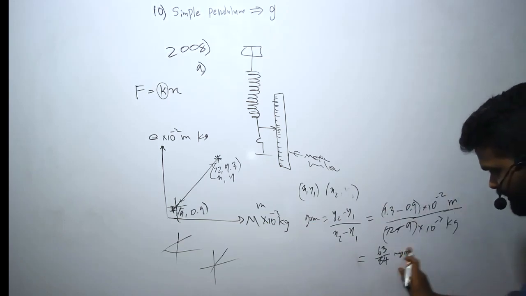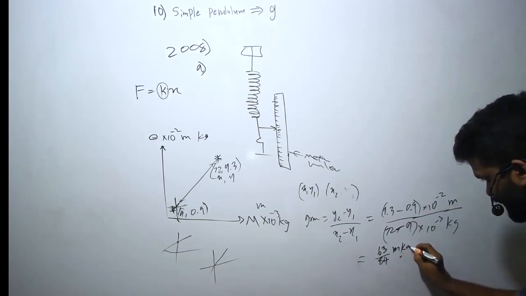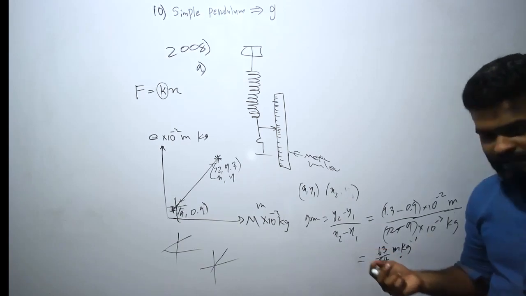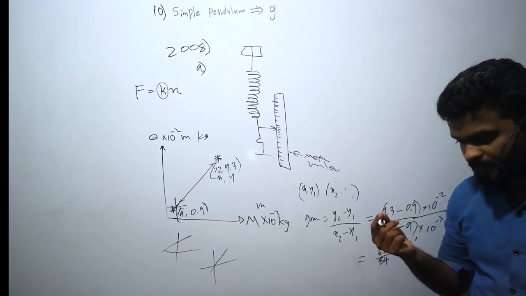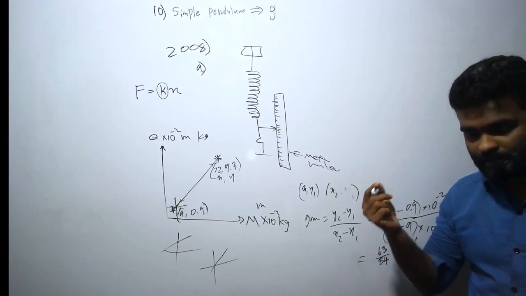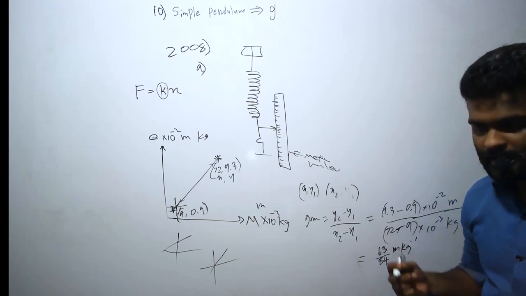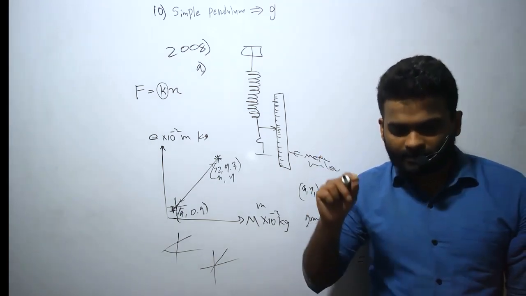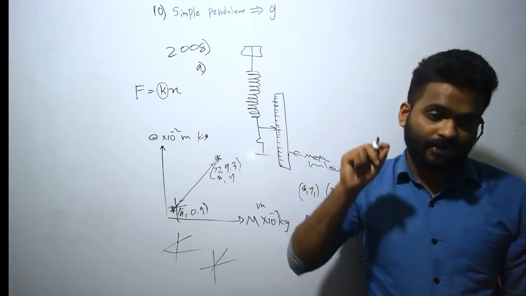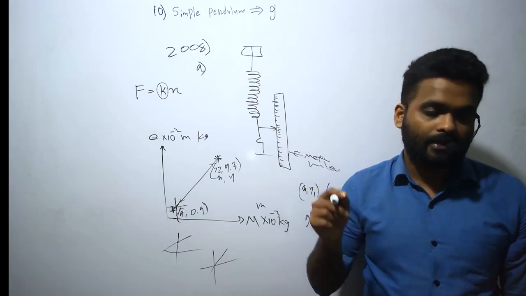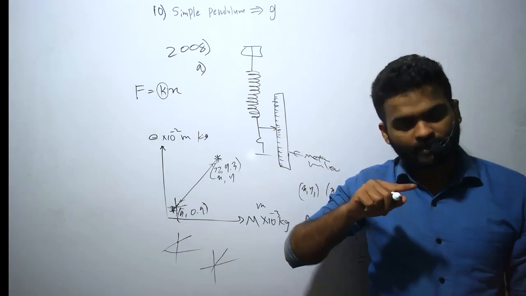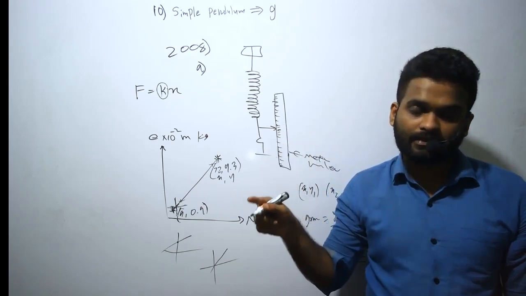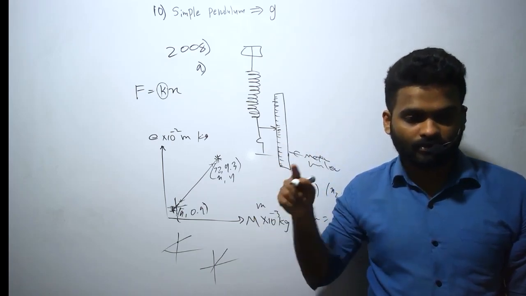You get the gradient in meters per kilogram. But you need the spring constant in terms of kilograms per meter. Here it is not newtons per meter. They ask that in terms of kilograms per meter, right? So instead of newton, you have to take that in terms of kilogram, not newtons per meter.